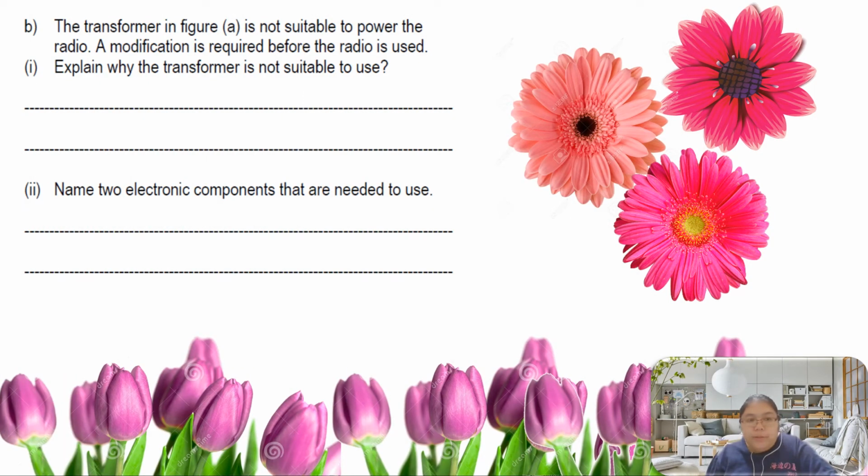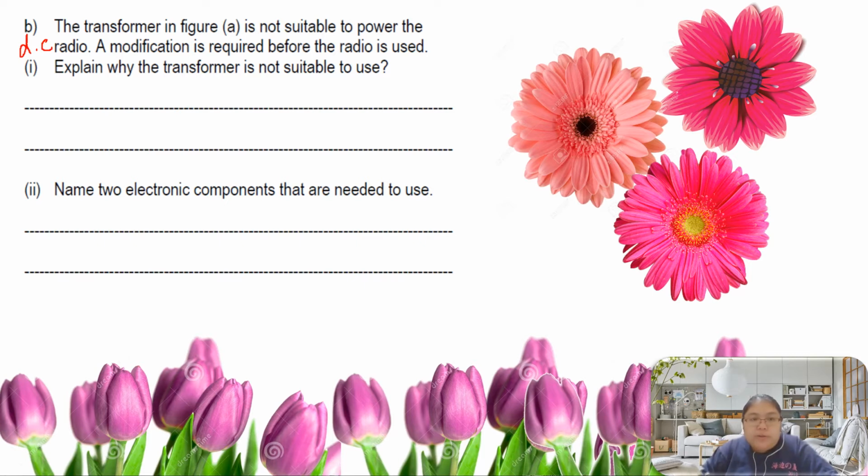Okay, then we continue with the B. The transformer in figure A is not suitable to power the radio. Why is it not suitable? Refer to the question: the radio is using DC current. So that means it is not suitable. Then the modification you require before the radio is used.